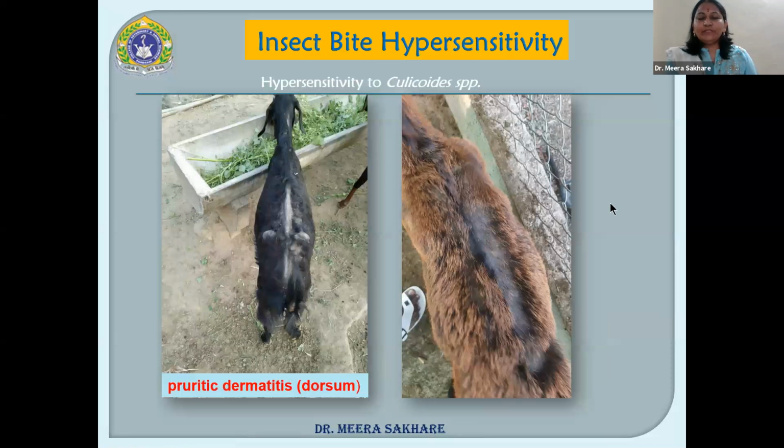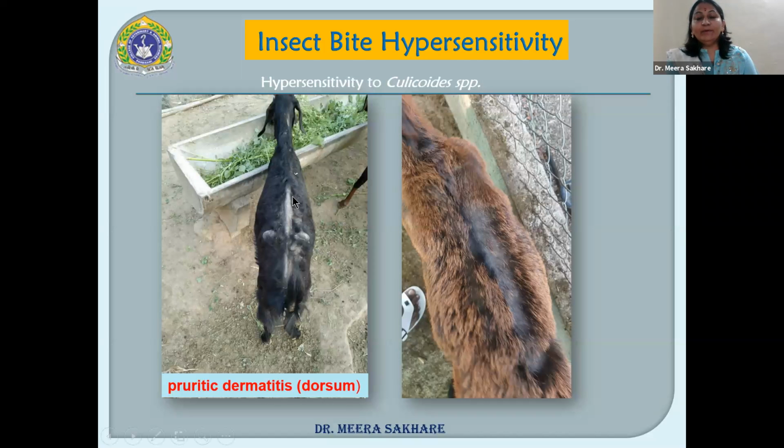Then the second differential disease is insect hypersensitivity. In case of sarcoptic mange, lesions occur on the whole body or at the ear pinna or face region, while in case of insect bite hypersensitivity, most of the time lesions occur only on the dorsal aspect of the abdomen. These lesions are due to a hypersensitivity reaction to the bite of insects like culicoides. This bite occurs when the animals are grazing in field conditions.